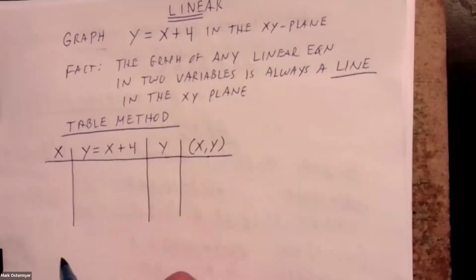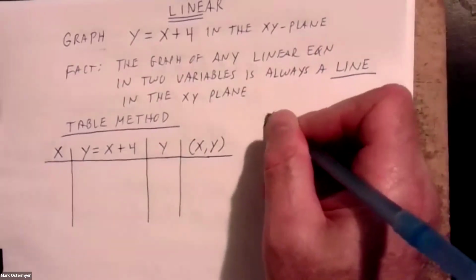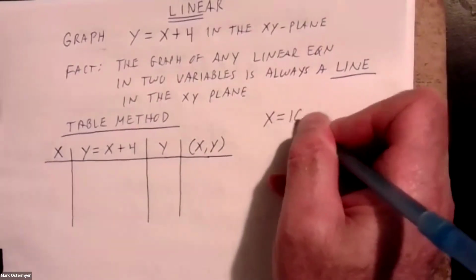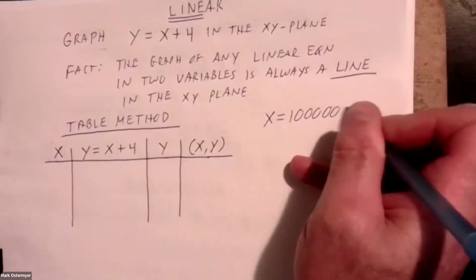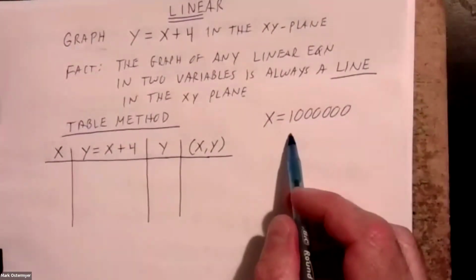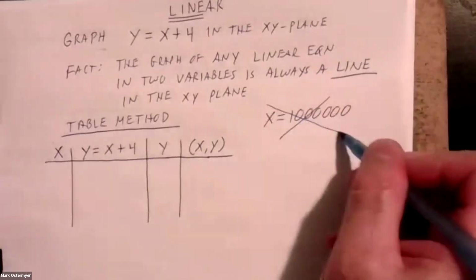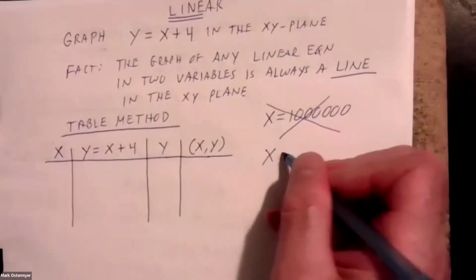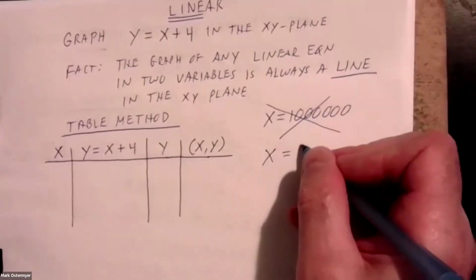Because we can choose any real number value for X, you might want to keep your choices nice and simple. You don't want to do something silly like this. Why would you want to choose X to be 1 million? Do you agree it's going to be very difficult to plot a point whose X coordinate is 1 million? That's not happening. You could do this, but why?